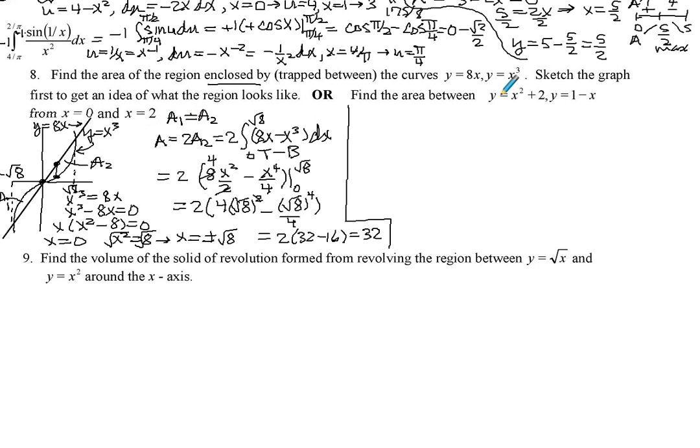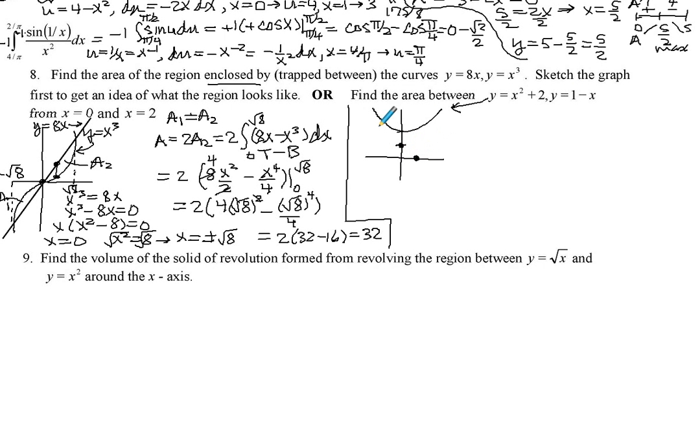Find the area between y equals x squared plus 2 and y equals 1 minus x from 0 to 2. Okay, so y equals x squared plus 2, that's the x squared curve shifted up 2 units, like this. So that's that guy there. And then y equals 1 minus x. So y-intercept is 1, your slope is negative 1, so fall 1, run 1, right there.